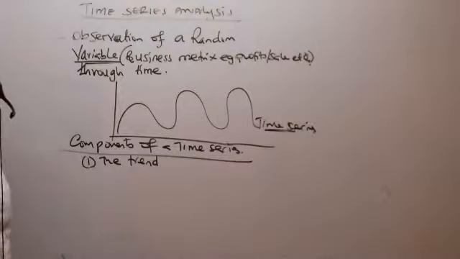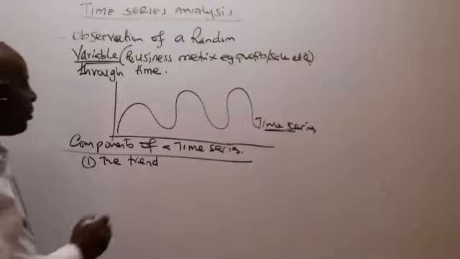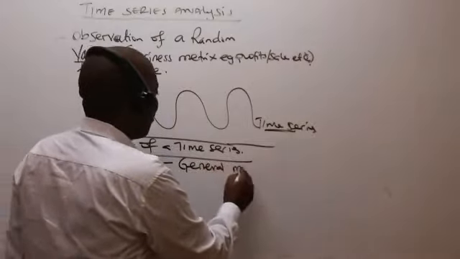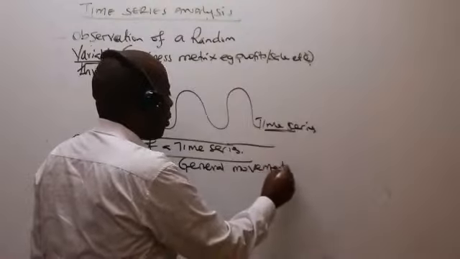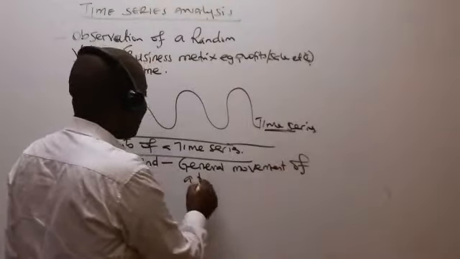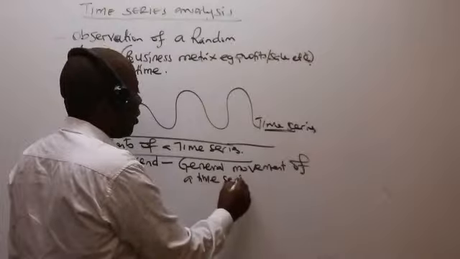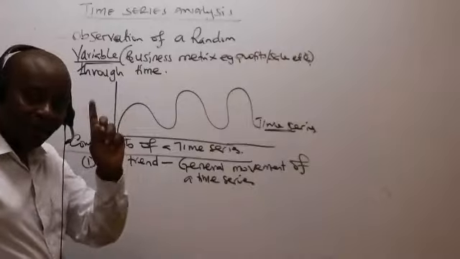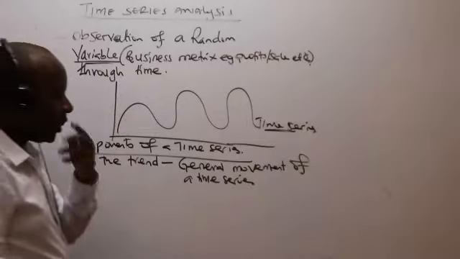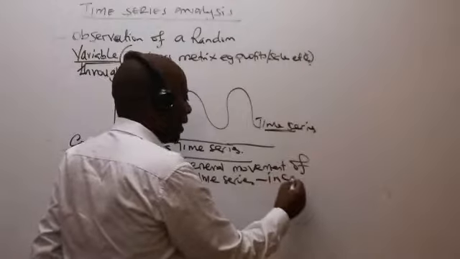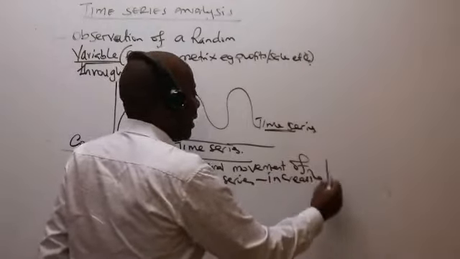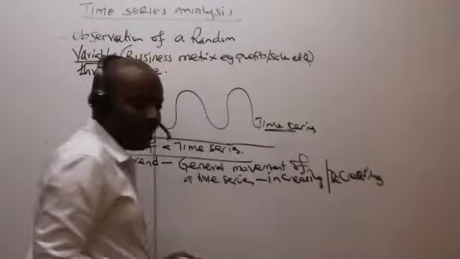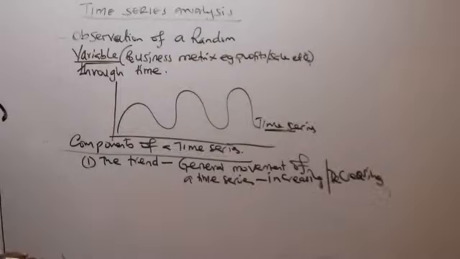This is a major component of a time series, which basically gives us the general movement of a time series, which could either be increasing or decreasing.